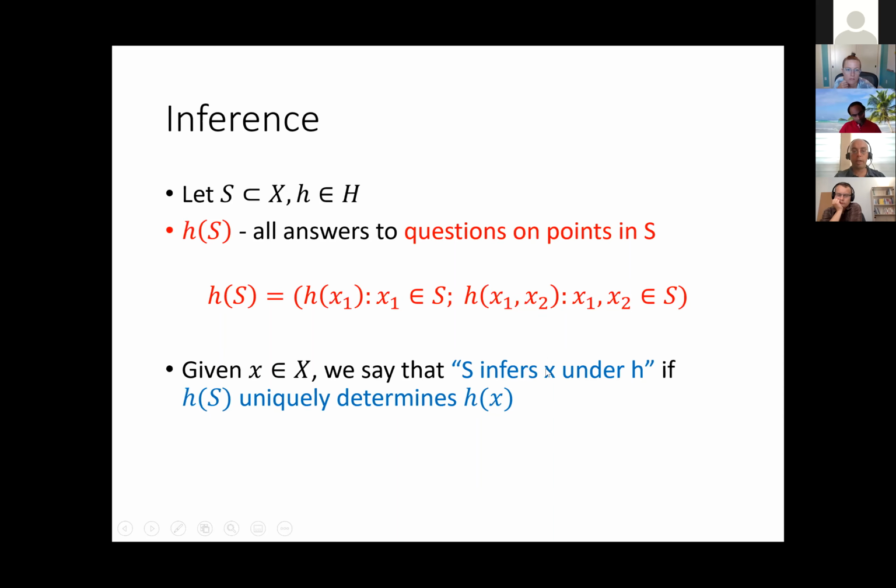Given this information H of S, given all this labeling of points in S and all the comparisons, it uniquely determines the label of the point X.